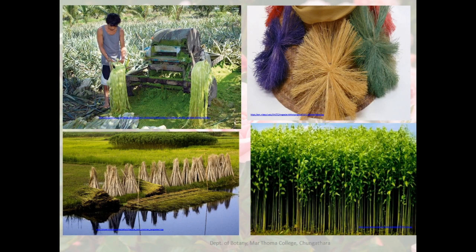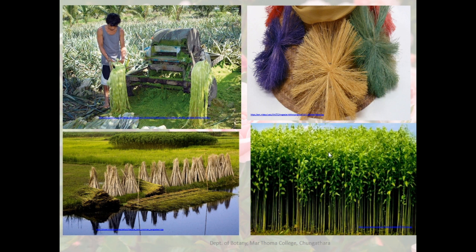These images show the various products obtained from the leaves and also the stem fibers. So first one is the extraction of leaf fibers from the pineapple plant, and this one, a picture shows the products which are obtained or made from the leaf fibers.